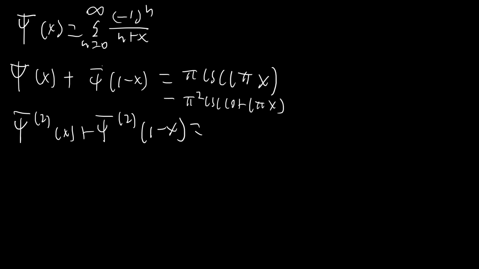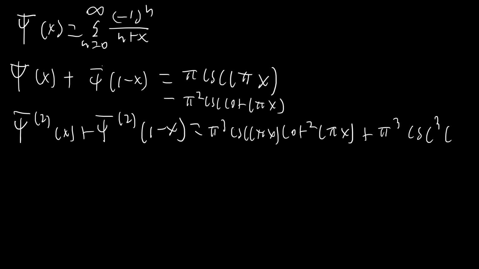So differentiating twice is going to give us pi cubed cosecant pi x cot squared of pi x plus pi cubed cosecant cubed of pi x. Next, we're going to plug in 1/2 right here.